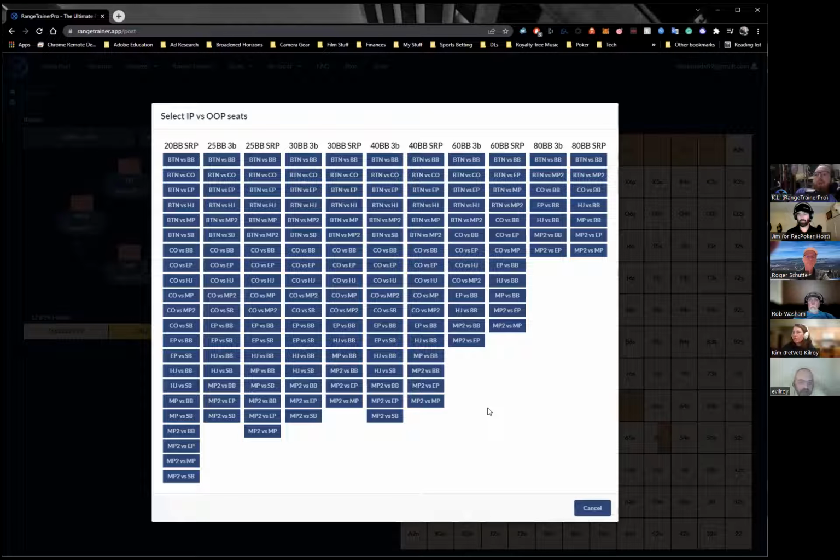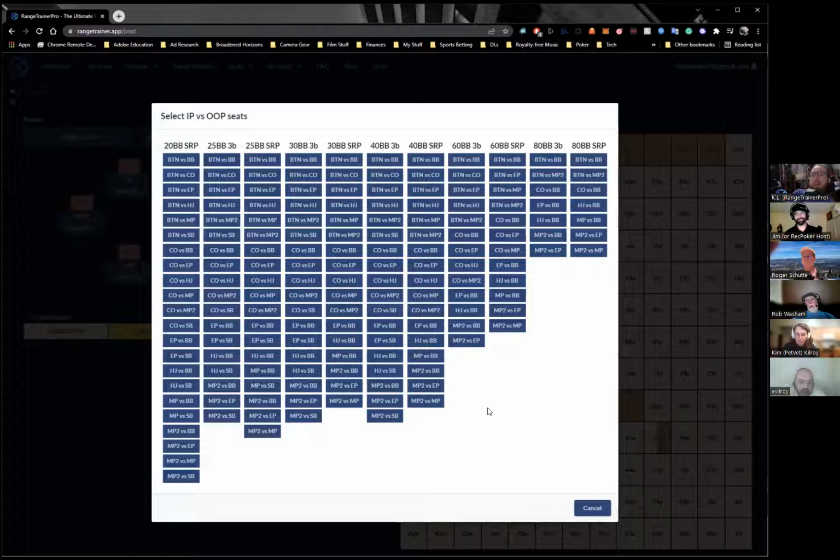And then we're also going to add 50 big blind lines, so there isn't that jump between 40 and 60. And then we're going to run 100 big blind lines. Beyond 100, it's going to get really exciting because we're going to run both tournament and cash game. So we're going to move into the cash game realm as well, which will be really, really fun.